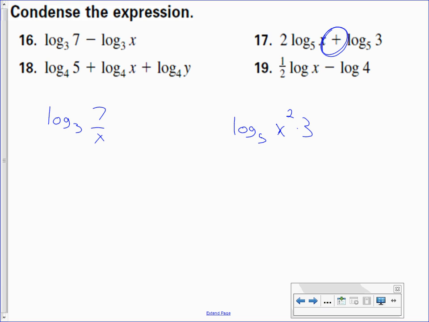Why can't you just write 3x squared plus 3? Now, you could rewrite it as log base 5, that's fine, but normally you would write it as 3x squared, because that's how normal people would write it. Remember, it's okay if you wrote it like this, if you wrote it like that, that's fine.